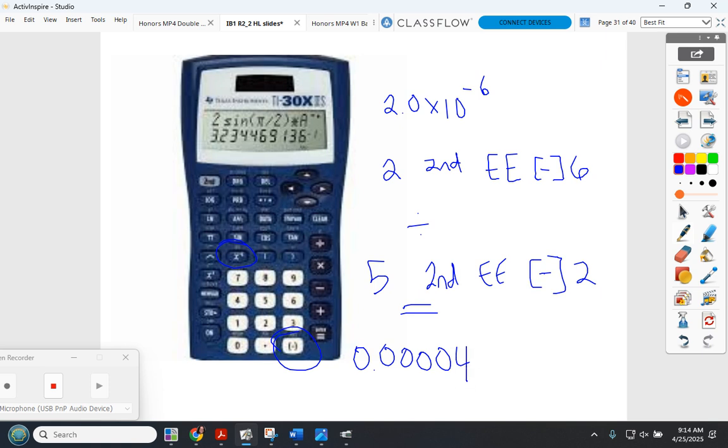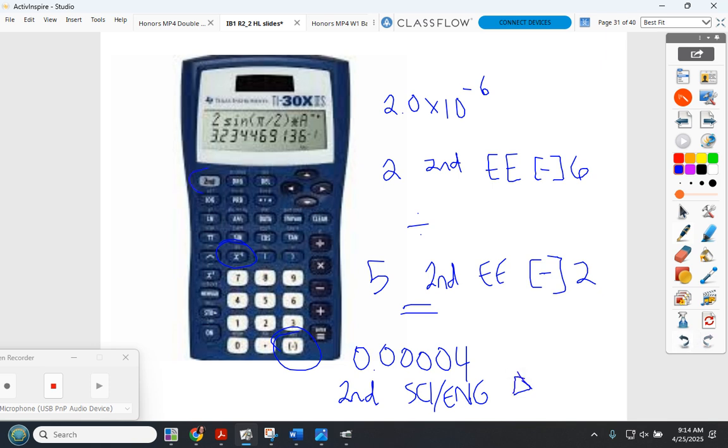If it doesn't come out that way, if it comes out as scientific notation and you want to put it in decimal notation, the way you switch back and forth is second, SCI ENG, and then use the arrow button to toggle.